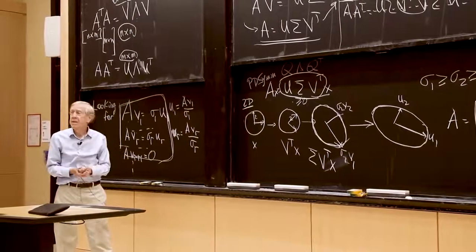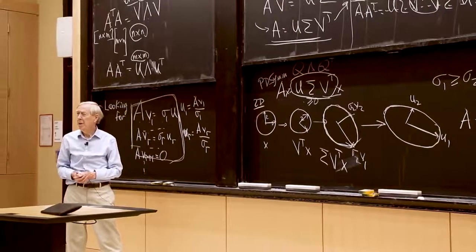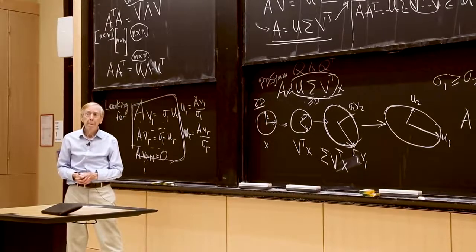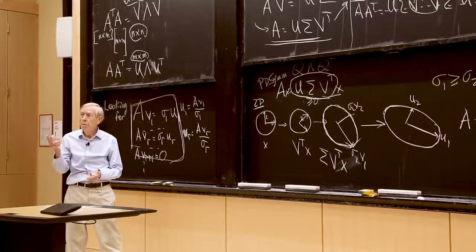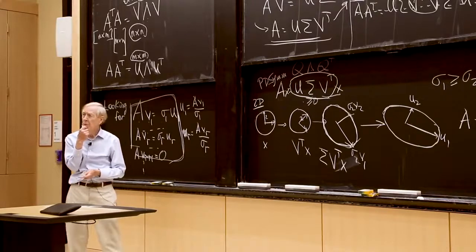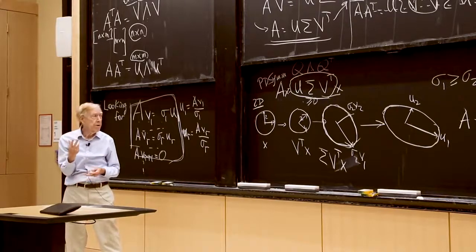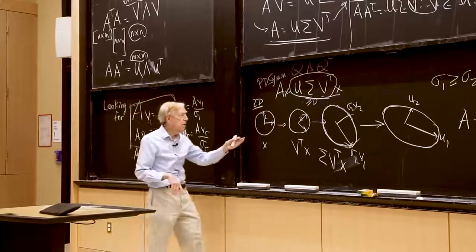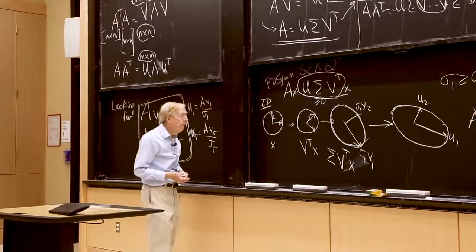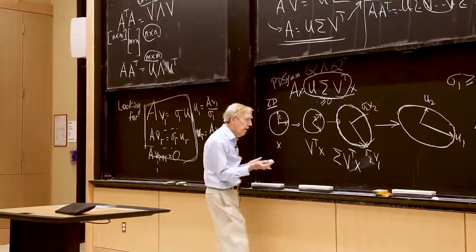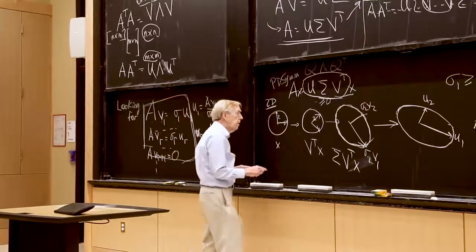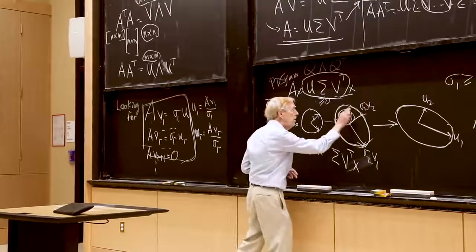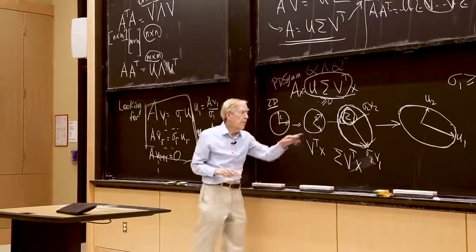How many numbers in Sigma? That's pretty clear. 2. Sigma 1 and Sigma 2. The 2 eigenvalues. How many numbers in this rotation? So if I had a different color chalk, I would put 2 for the number of things accounted for by Sigma.